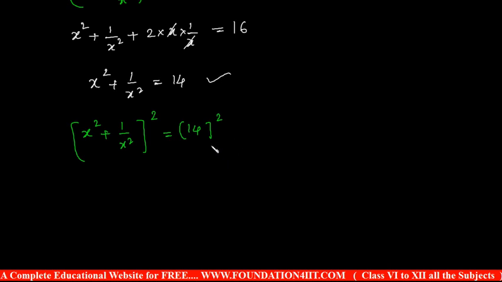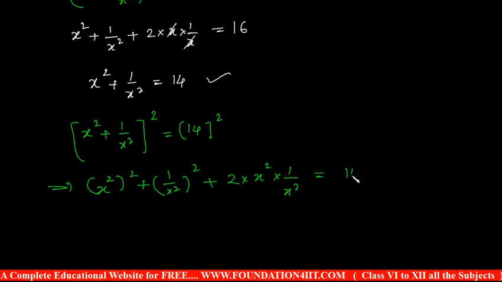We use the a plus b whole square formula: x square whole square plus 1 by x square whole square, that is a square plus b square plus 2ab, 2 into x square into 1 by x square. Simplify this, and that is equal to 14 square, 14 into 14. Next we can solve.